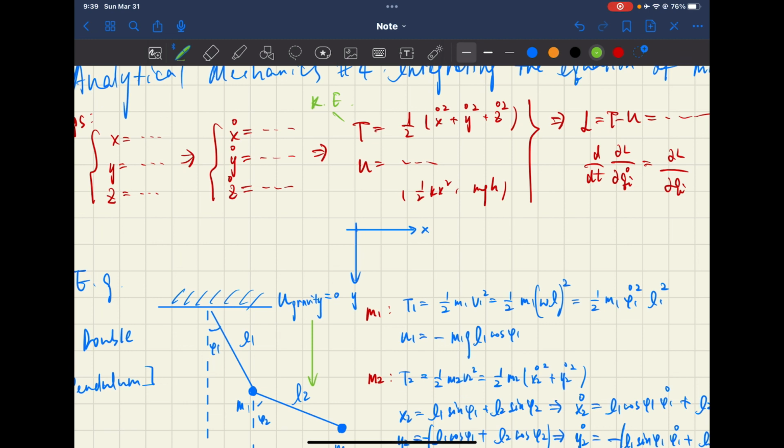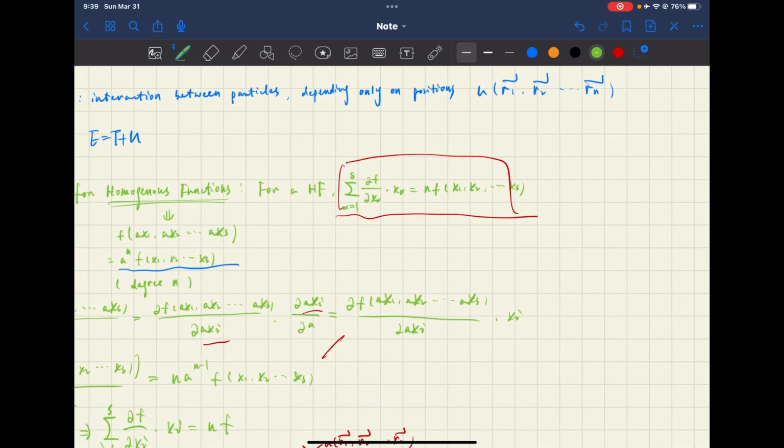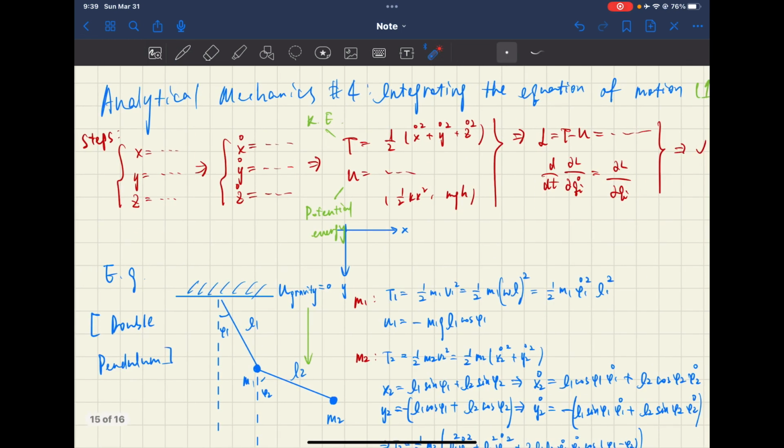And then based on the positions of the objects, we can work out the U of the system, which stands for potential energy. As we talked about in the last episode, the potential energy depends only on positions.